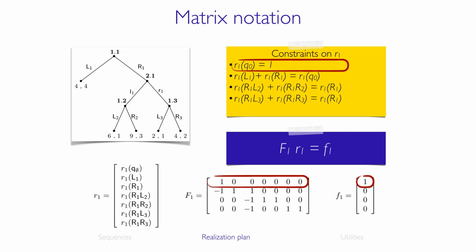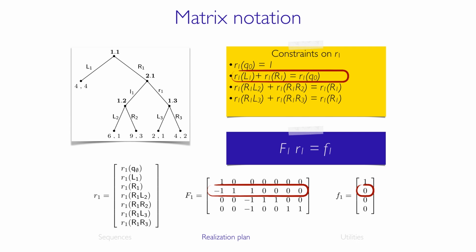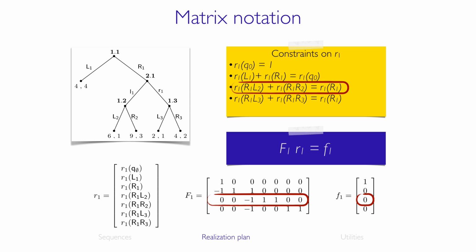Here, the expansion of the realization plan vector lowercase r1, of the matrix F1 and of the vector f1 is reported. The first row of the matrix F1 and vector f1 corresponds to the first constraint. The second row corresponds to the second constraint, and so on.